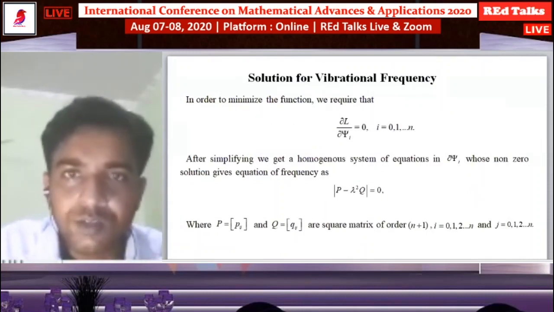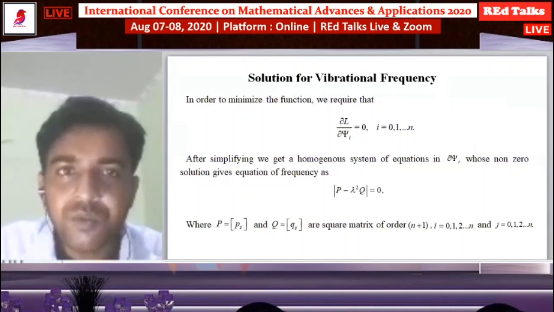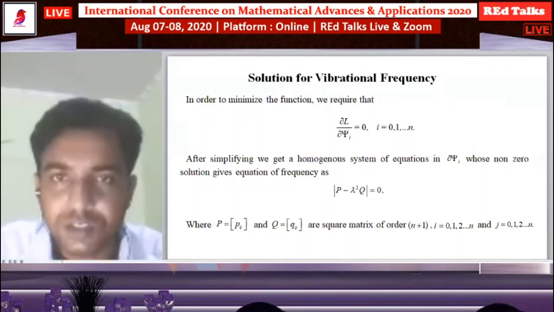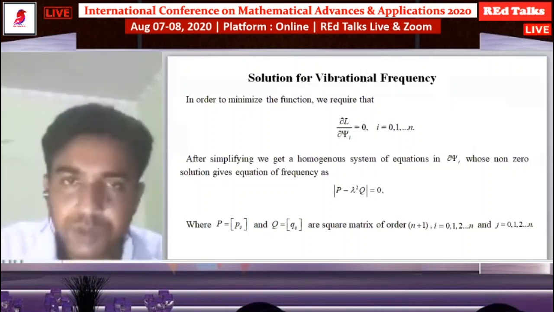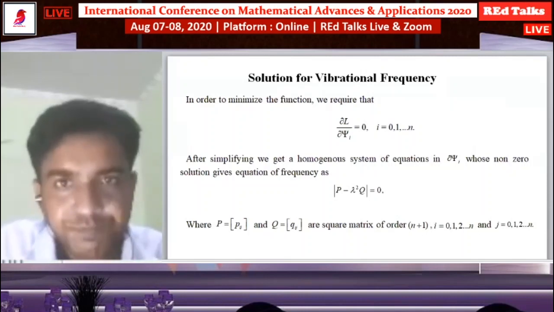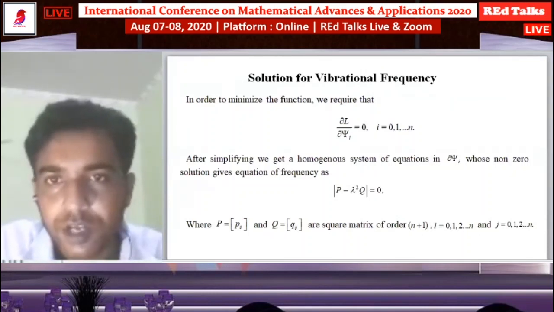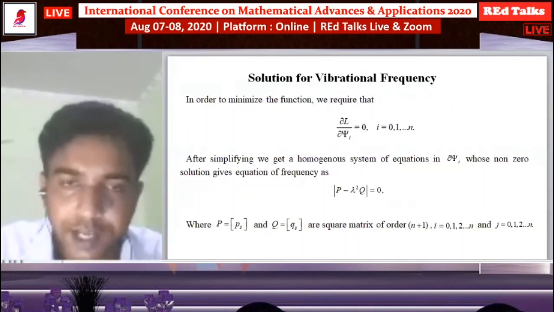After this, in the solution for the vibration frequency, we want to minimize the frequency function. For minimizing the frequency function, we require that del psi i is equal to 0, where i is equal to 0, 1, 2 up to n.